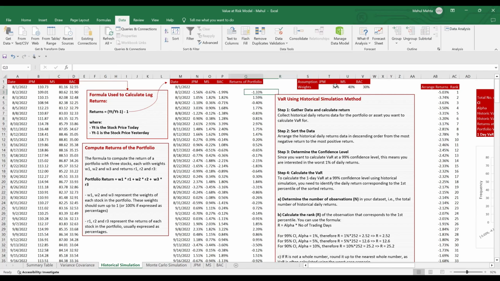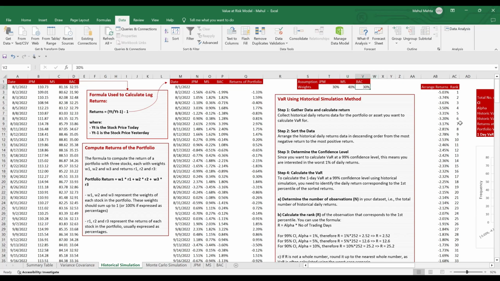It's just that Excel has this SUMPRODUCT function. Also, for you to understand why we are doing W1 R1, W2 R2, W3 R3 and adding it: we have different weights in our portfolio, so if we are assigning 30% of the money in JP Morgan, we need to multiply our returns also with 30%, and the same goes for the rest of the stocks.